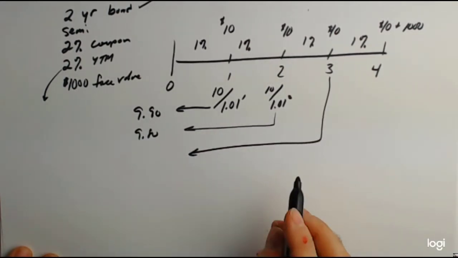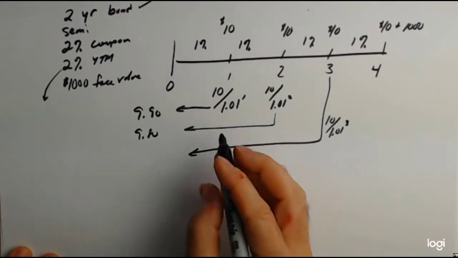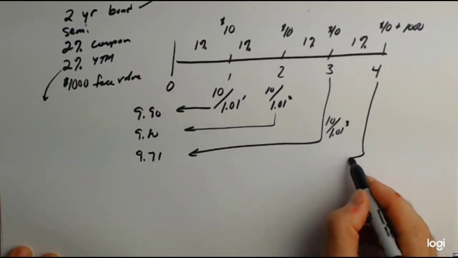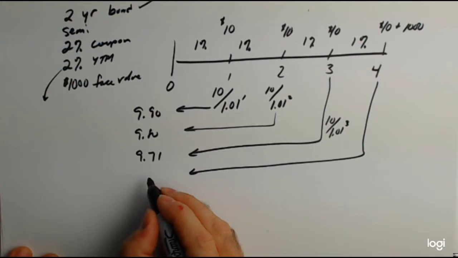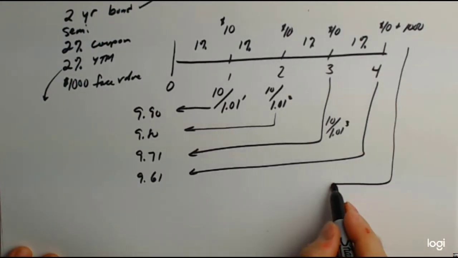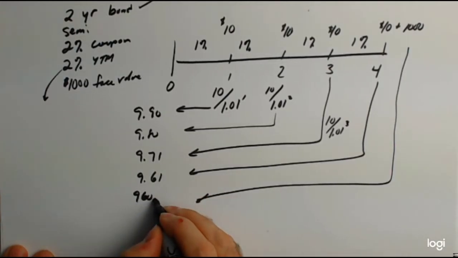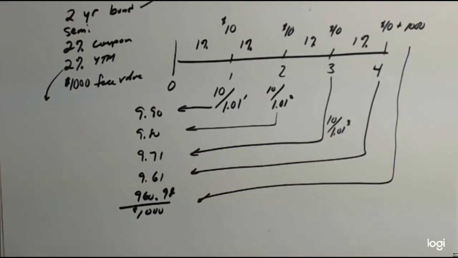And if we continue here, 10 divided by 1.01 to the 3rd power, $9.71. And then we take this $10 right here, and we get $9.61. And then we discount the $1,000 back. We get $960.98, and that adds up to exactly $1,000. So the bond is set up.